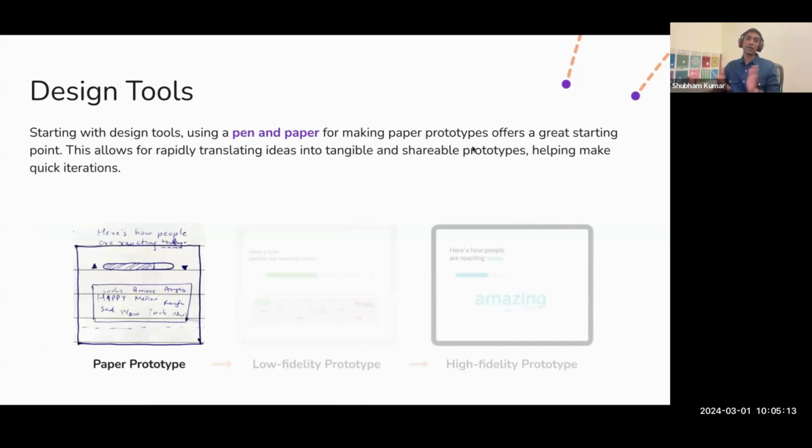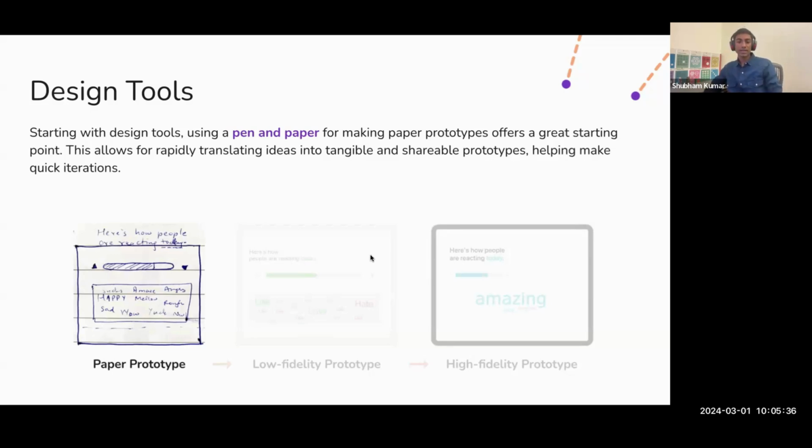There's no better tool than a pen and paper, and then you could just get started. It's great for creating something really quickly. You can share it, get feedback. A paper prototype example, as you see on this slide, is something you could take a look at, and then maybe build something like this for your own application.